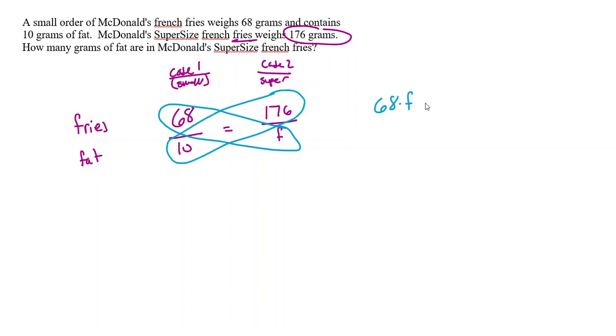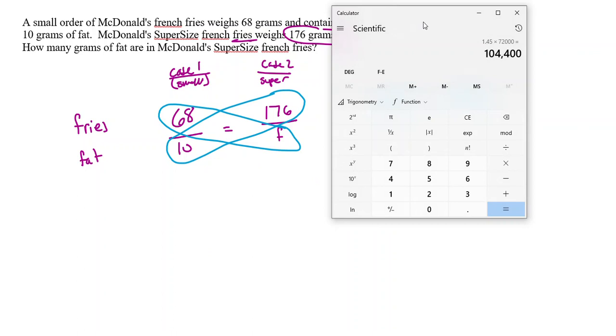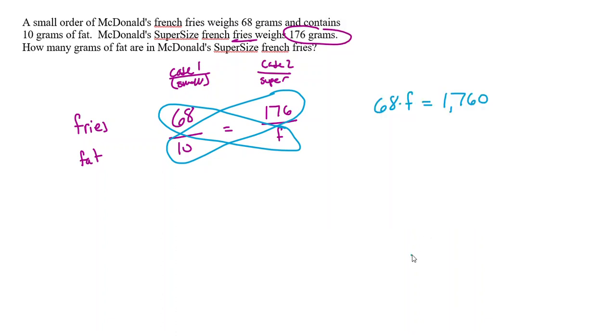F equals 1760, and then we'll divide and we get 25.8823. So F equals 25.8823.